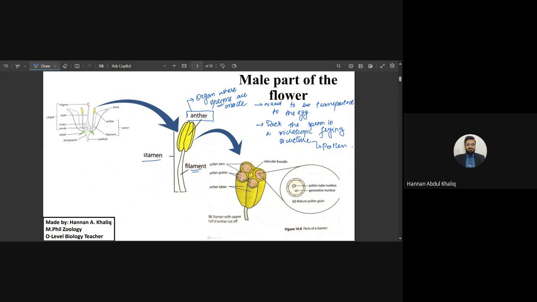So basically in anther, you would find different compartments which are called pollen sacs. If you take a transverse section of the anther, you would find it arranged in an eight shape like this, and the anthers have particularly surrounded portions called pollen sacs.